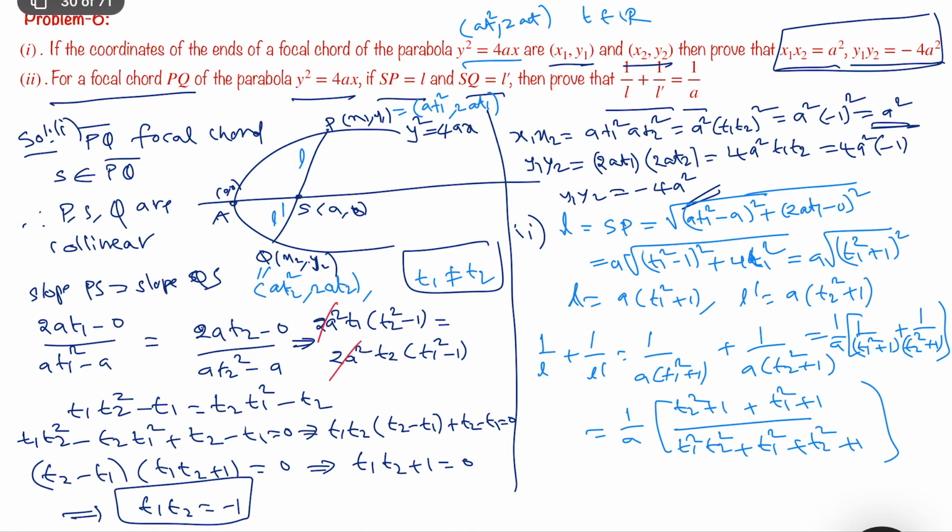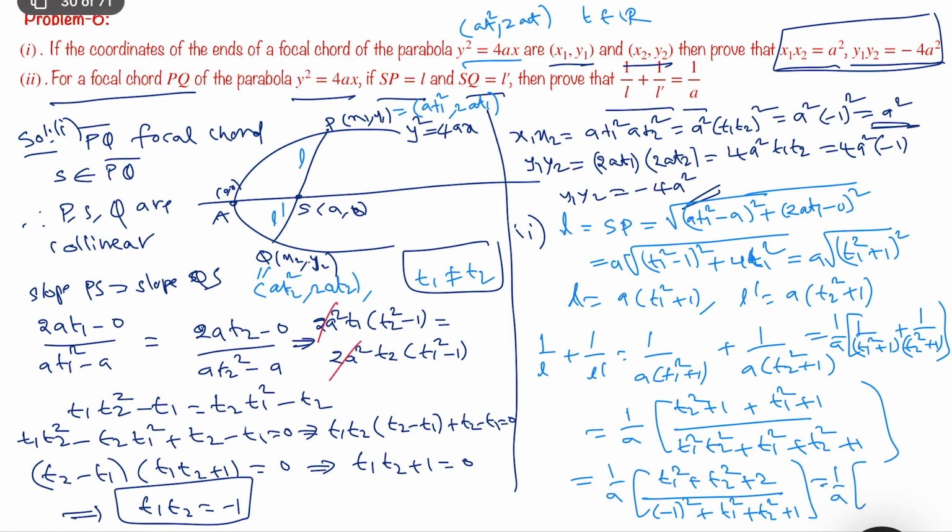Now, what do you know about t1 t2? t1 t2 is minus 1, right? So in the numerator, we got t1 square plus t2 square plus 2. In the denominator here, t1 t2 whole square, which we can write as minus 1 whole square, plus t1 square plus t2 square plus 1. Now you see 1 by a.